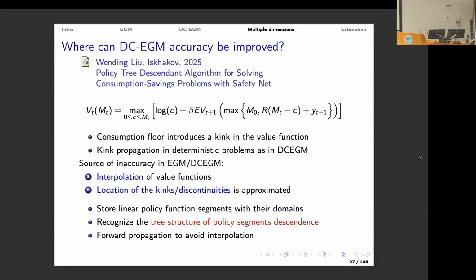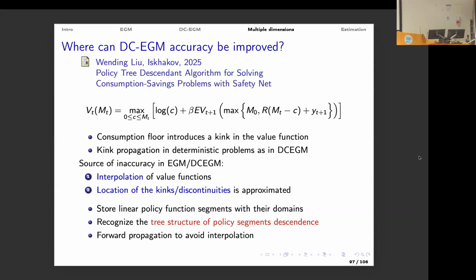Interestingly, it basically behaves as if that was a discrete choice. It's almost like a discrete choice of whether you land on this safety floor, the consumption floor, or you actually do the savings.